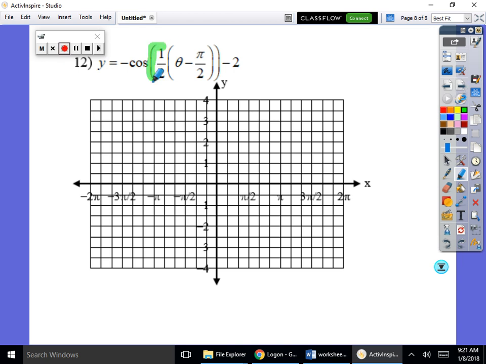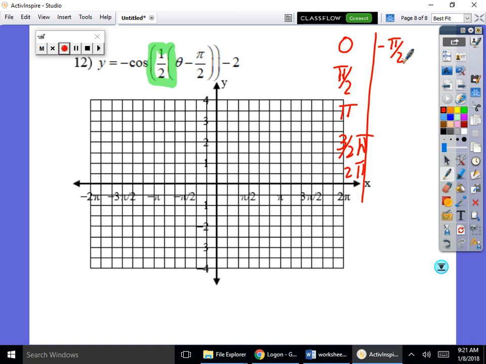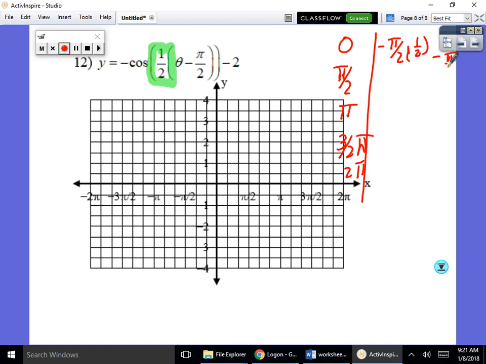They want me to multiply the angle, not my answer. They want me to multiply the angle by 1/2. So let's watch this for a second. Okay, I'm going to start with 0, pi over 2, pi, 3/2 pi, 2 pi. When I subtract pi over 2, that gives me negative pi over 2, and then they want me to multiply it by 1/2, and that gives me negative pi over 4.